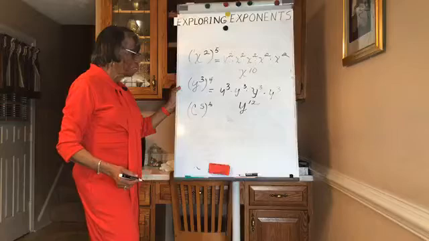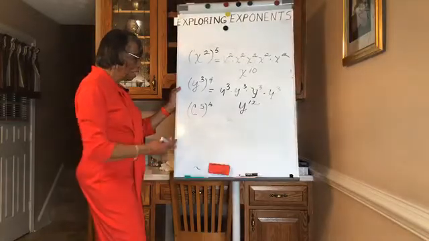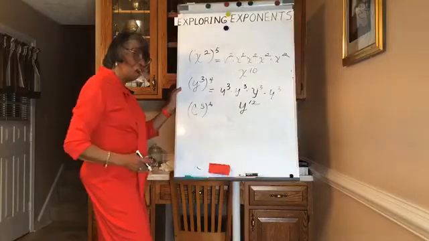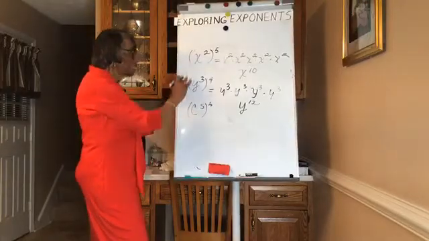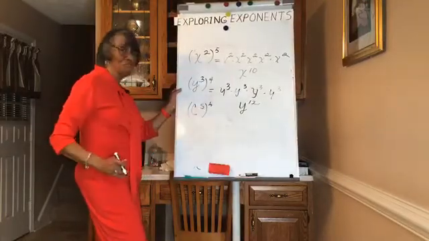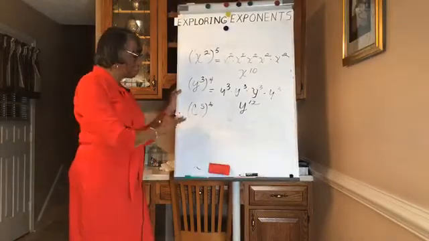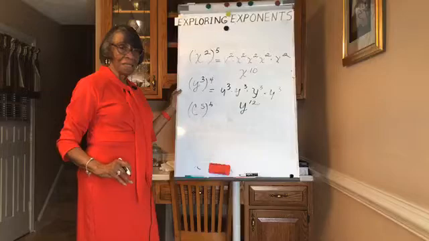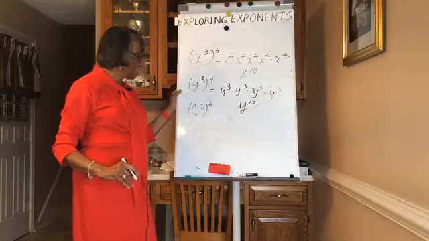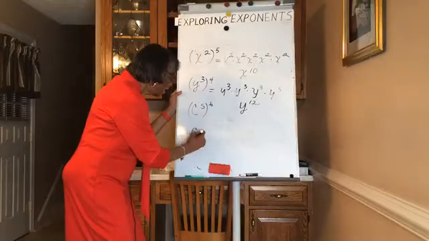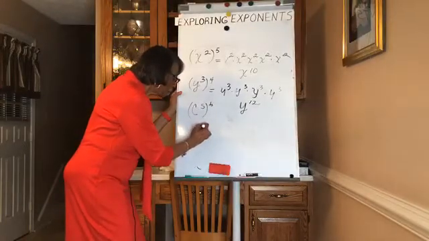Okay, so how many of you see something? Now, I'm not going to expand this one because this is a longer one. But if you see the pattern, write this answer for me. All right. So did you write c to the what? 30th power?